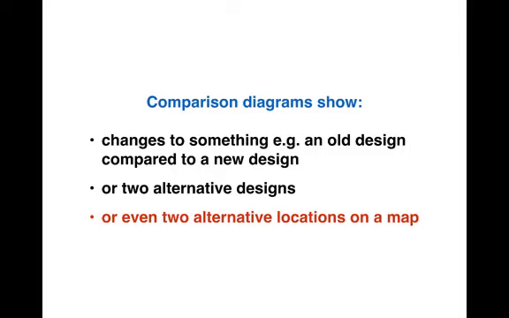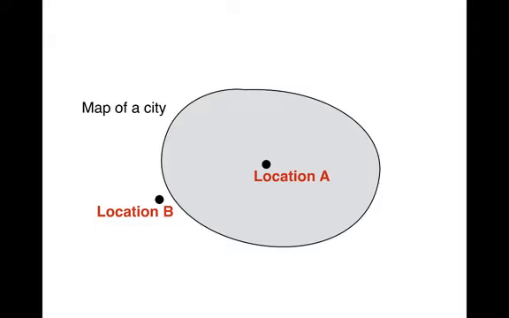The final type of comparison diagram is what I call two alternative locations on a map question. And there's a good question again in one of the official Cambridge IELTS books like this. You see the map of a town or city and two locations, location A and location B. And the real question is about this.